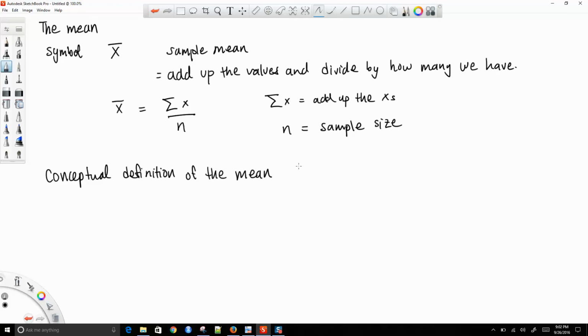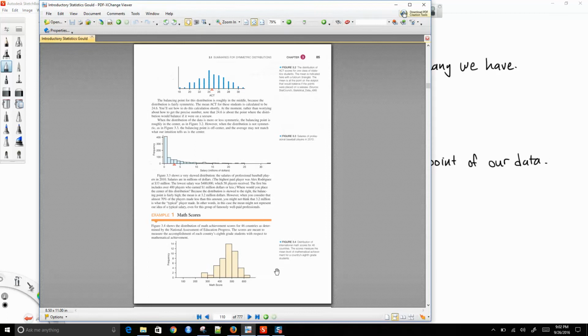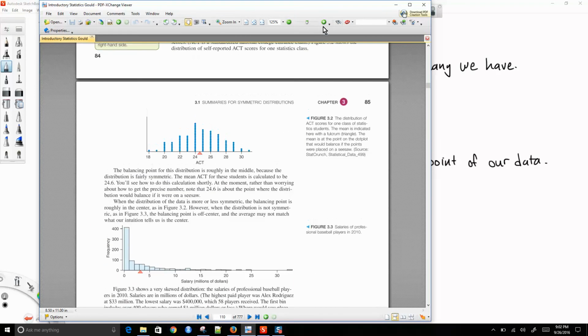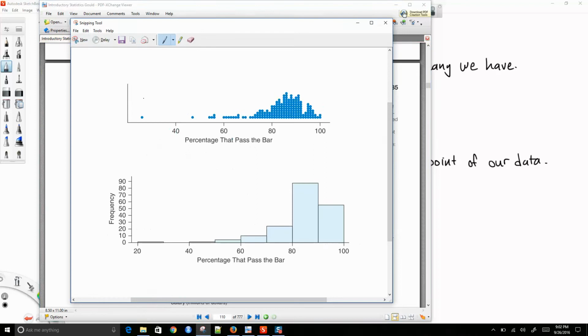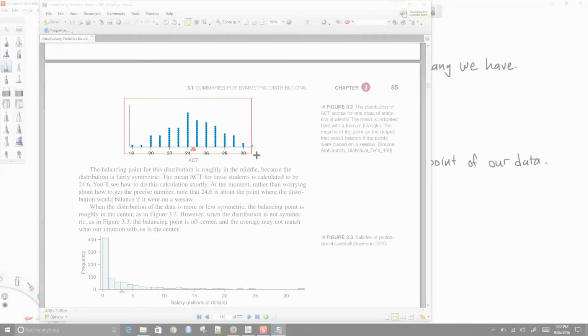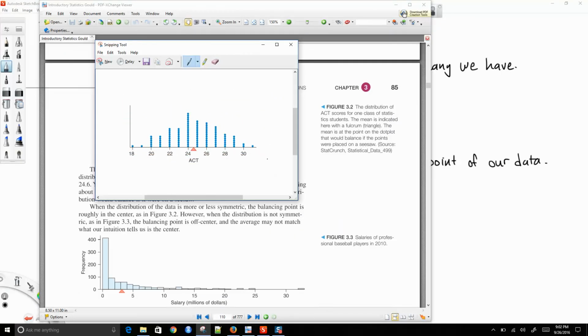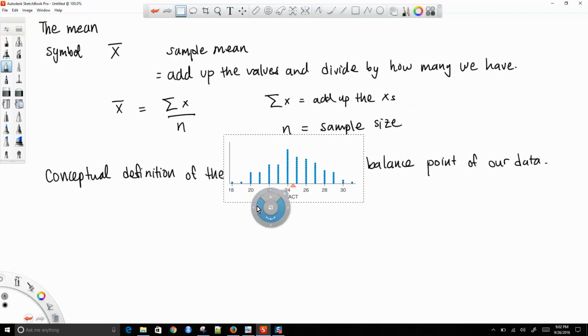It is that the mean can be thought of as the balance point of our data. What do we mean by that? Let me copy this little dot plot here. Here we took a survey of people and asked, what was your ACT score?